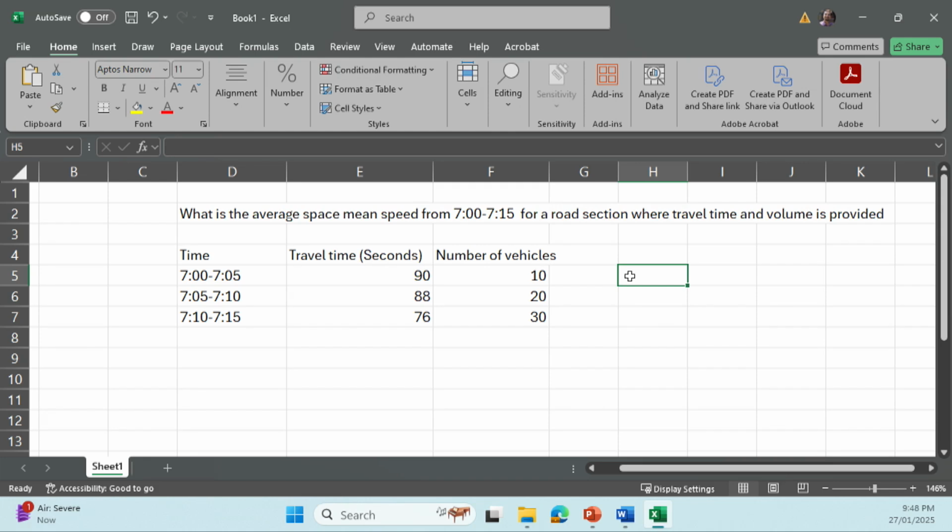You can assume any distance, say the distance is 1 unit of space. The total distance will be simply the sum of what you're getting in the unit of space. Total time is already known to you, but keep the number of vehicles in mind. What's the unit? 80. It's in kilometers per hour.